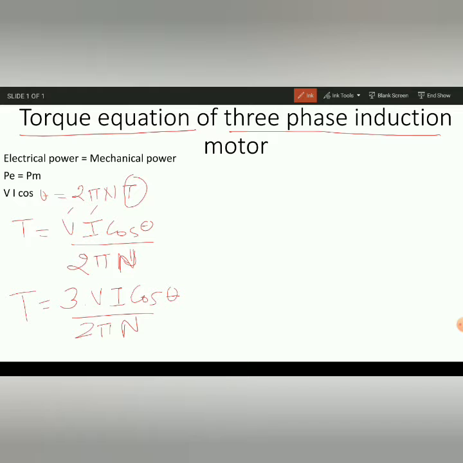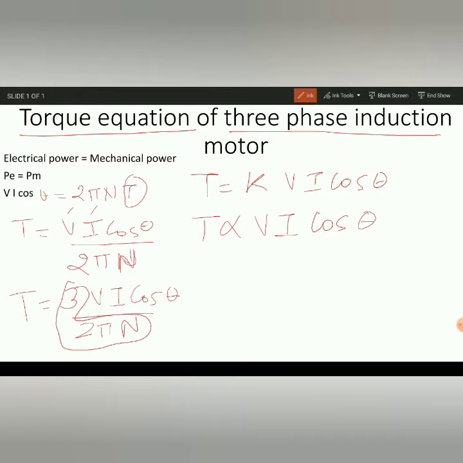Now this 3 by 2 pi n, we can say it is a constant. So we can say T equals K VI cos theta. If we don't want to write the constant, then we can say simply T is proportional to VI cos theta. Simply, it is a power.